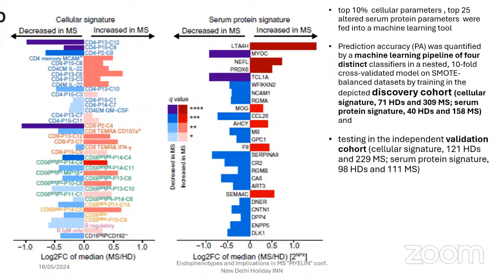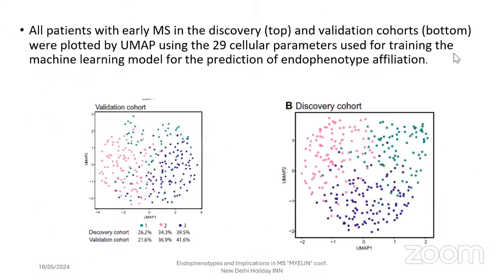And when this model is exhibited to the unseen data, it should be able to classify the sample into three endophenotypes. So all patients of these both cohorts were plotted by UMAP using these parameters which I have been mentioning, 29 cellular parameters. And you can see the validation cohort here.